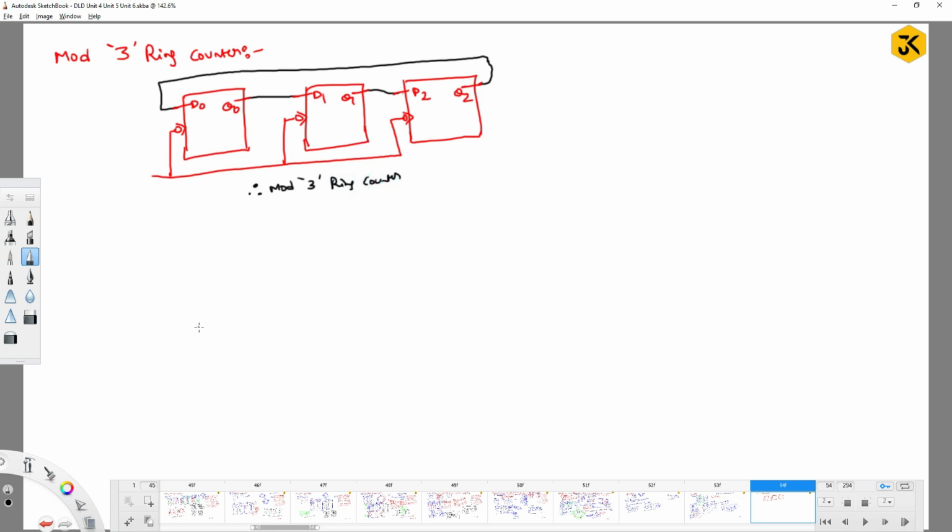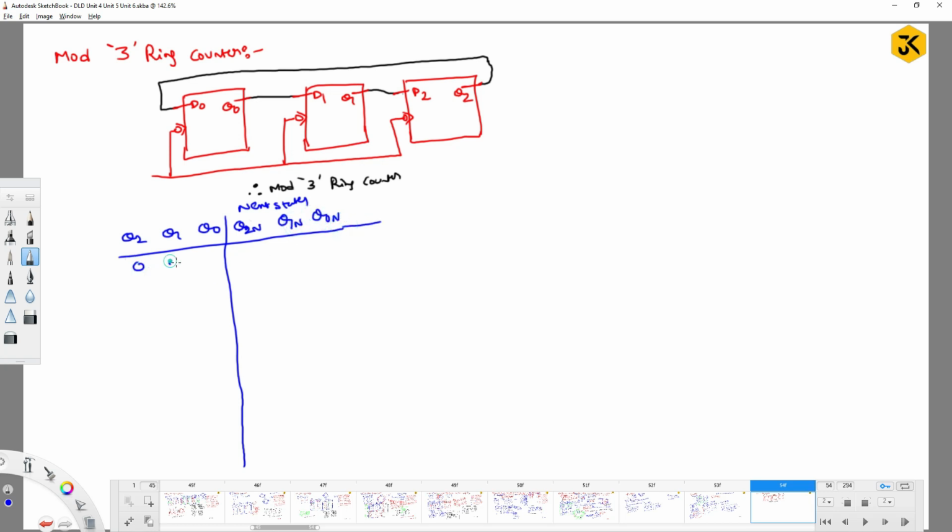If I would like to prove that it's a mod 3 ring counter, what might be the present states? The present states are Q2, Q1 and Q0, and the next states will be Q2 next state, Q1 next state and Q0 next state.